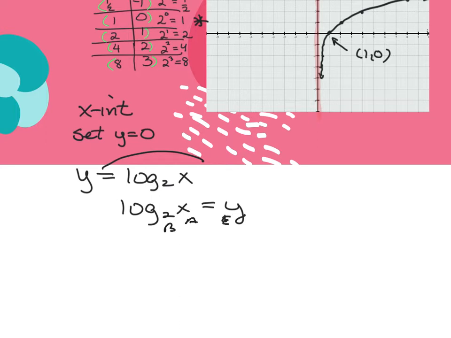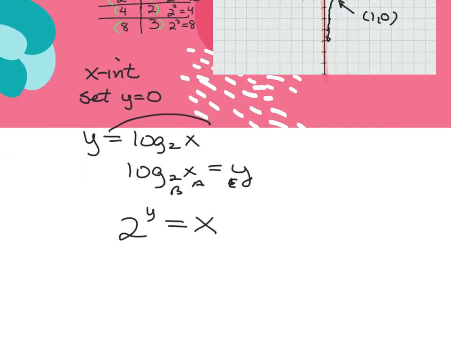So here what I'm going to do is 2 to the y power equals x, but I'm now changing the y into 0. So now I'm going to make this 2 to the 0 power, which equals x. Anything to the 0 power is 1. So my x of my ordered pair is 1, and I plugged in a 0.